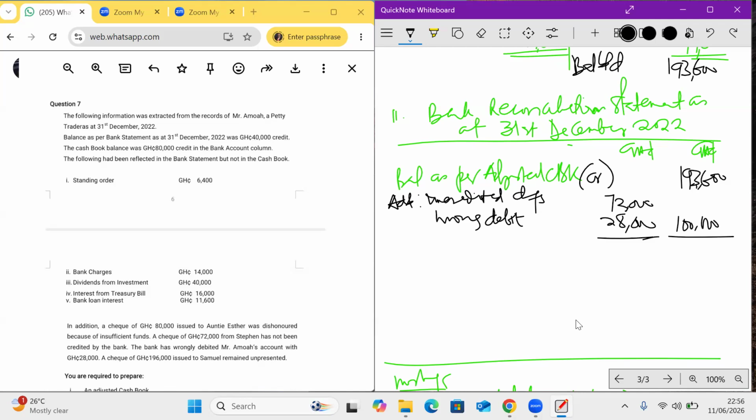Do we add or we subtract? The 100 and the 193,600. Do we add or we subtract? We add. Why are we adding? Because it says add.